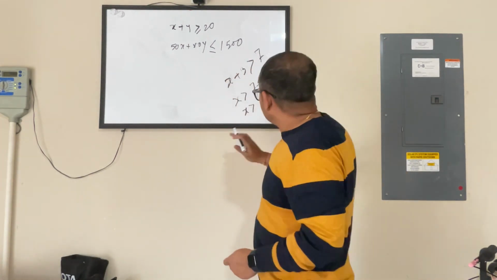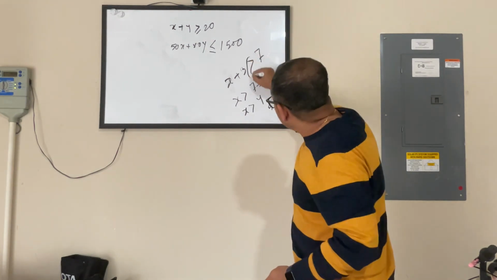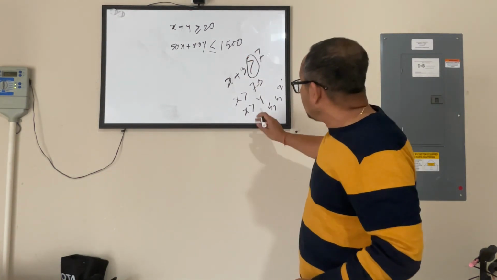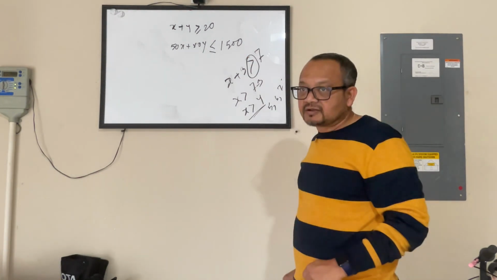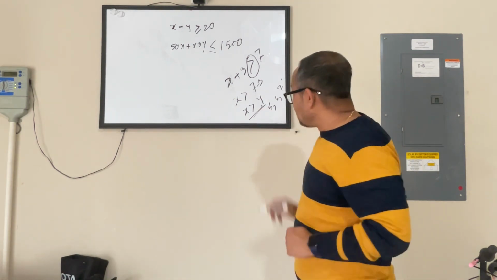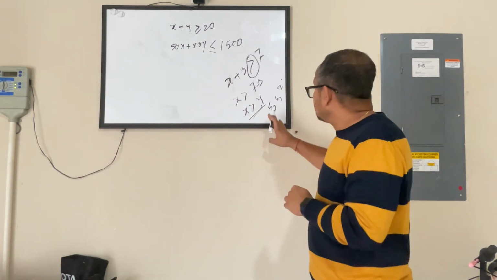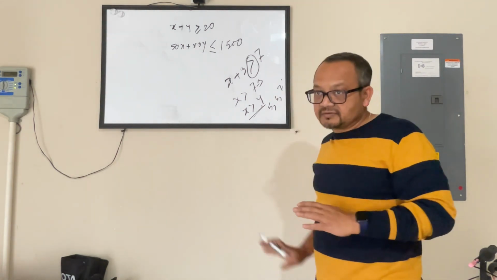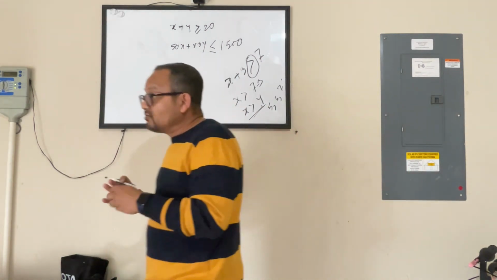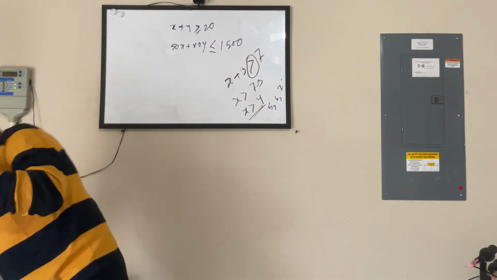Here in this case, what did I do? I did not worry about the inequality till I got to this point. Once I got this, I can make a judgment that yes, x has to be greater than 4, which means it could be 5, 6, 7, 8, 9, 10. So inequality gives you multiple answers, while equal to gives you the exact answer.